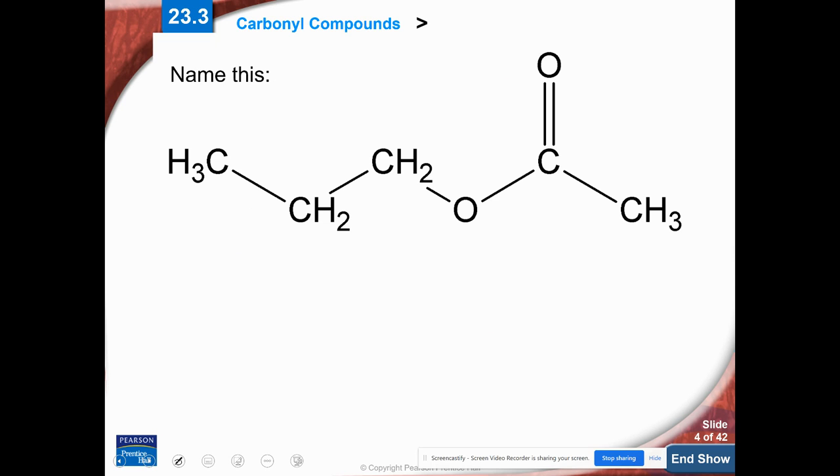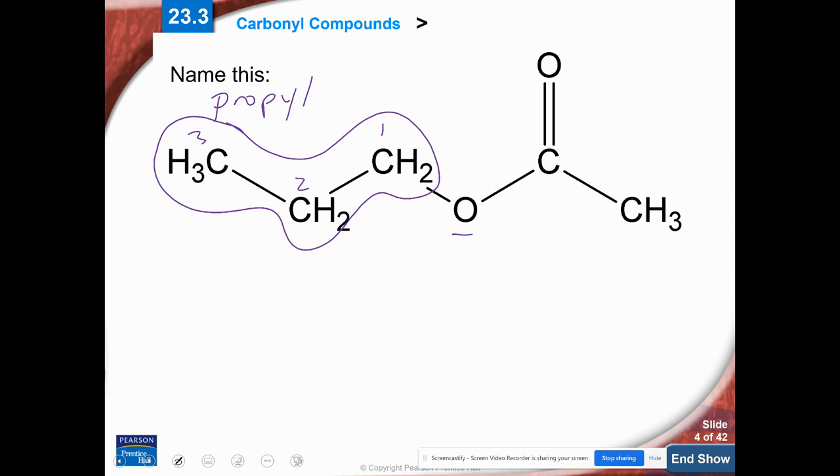I'm mimicking what I see on table R. I'm going to name the branch first. The branch comes after that oxygen, so the branch comes after here. Count the carbons, 1, 2, 3. This part of the molecule is a 3-carbon branch. Three carbons is prop, and YL for a branch, so this is now going to be propyl.